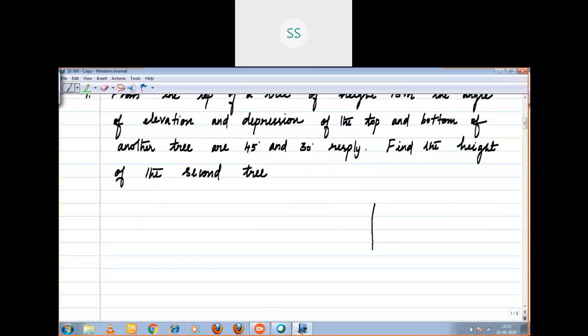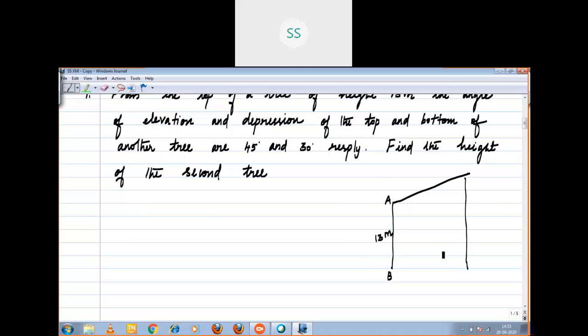This is one tree. The height is 13 meter. It is given to you A, B. Next, another tree. From the top of the first tree, you are seeing the top of the second tree, and the bottom of the second tree.